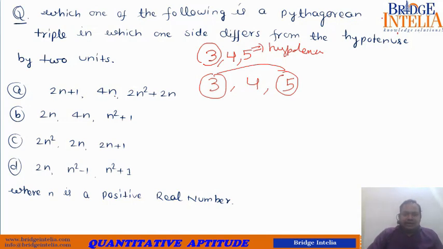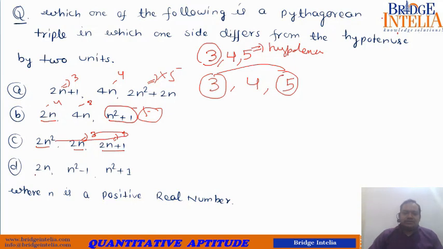If you consider n to be equal to 1, this is 3, this is 4, but this is not equal to 5. If you try to make this as 5, n comes out to be 2. So this is 4, this is 8, this is 5, doesn't work. Next, 2n squared, 2n and 2n plus 1. If you try to make this as 3, this as 4, this doesn't become 5. So this also does not fit.